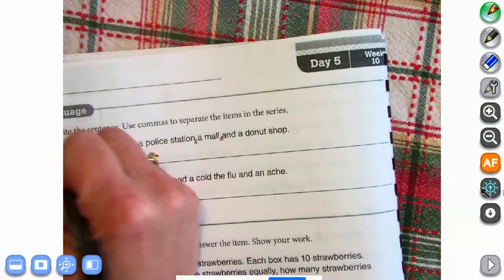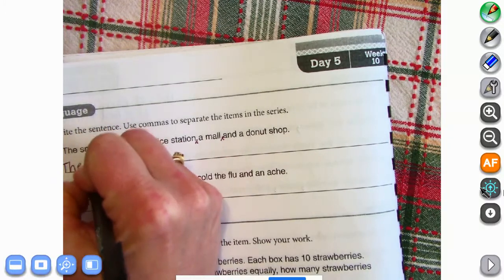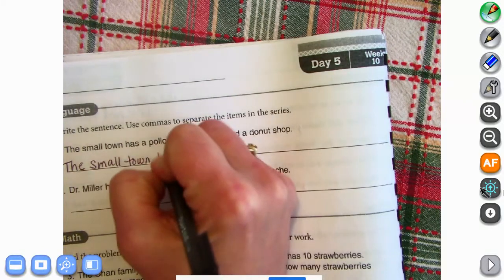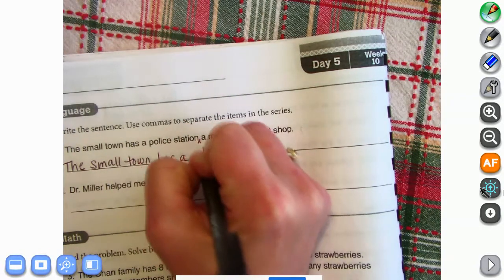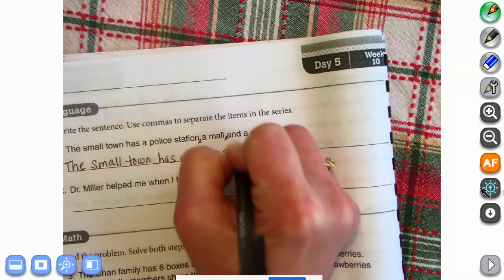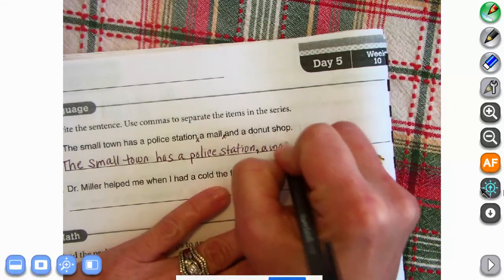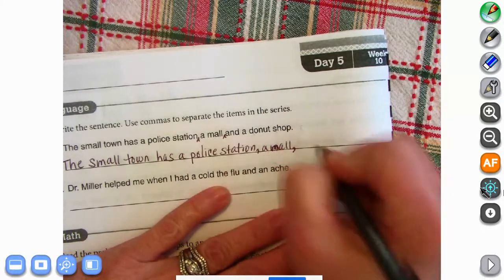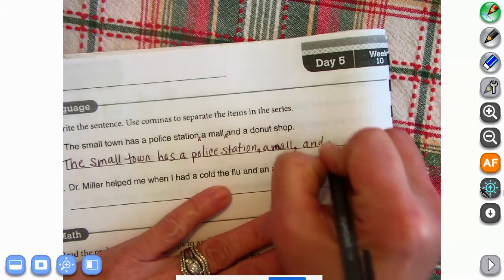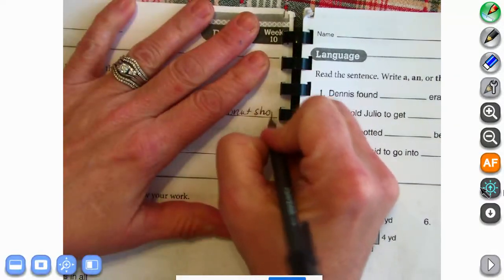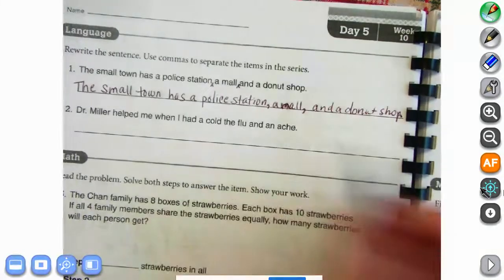So I'm going to rewrite the small town has a police station, comma, a mall, comma, and a donut shop, period. Okay. So put my commas in here.